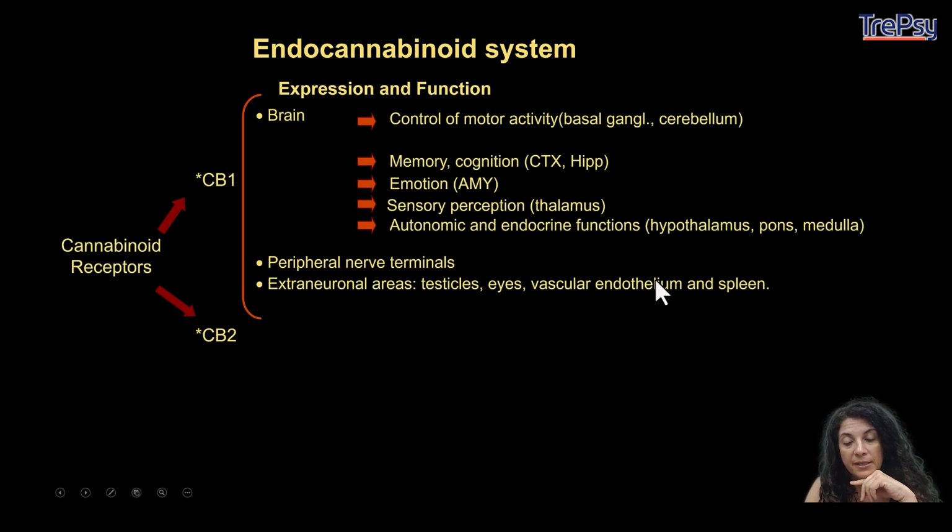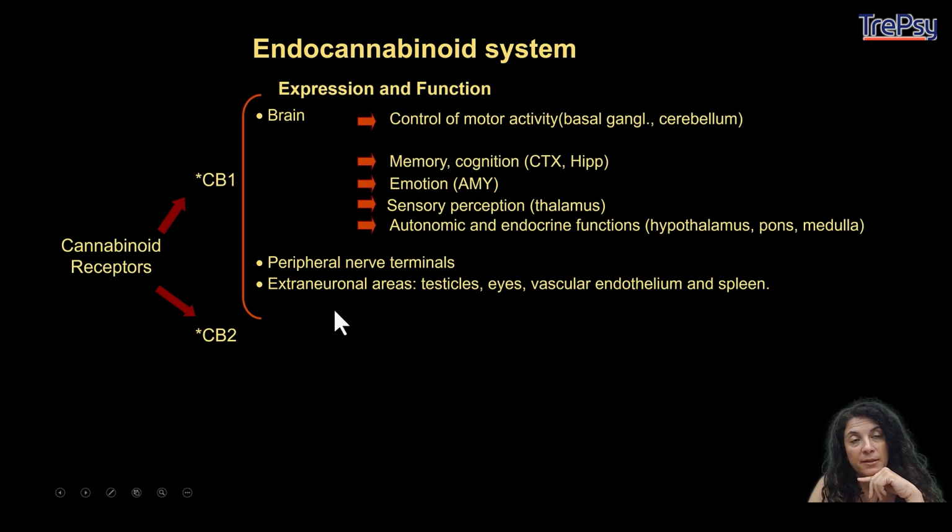But I can also find it in the hippocampus and cerebral cortex, where it acts on memory and cognition. If I find the cannabinoid receptor in the amygdala, it acts on emotion. In the thalamus, on sensory perception; in the hypothalamus, pons, and medulla, on autonomic and endocrine function.